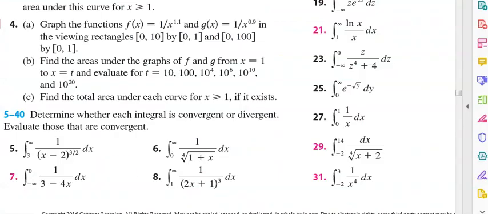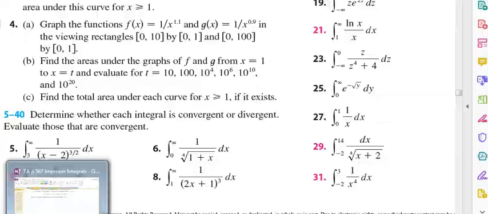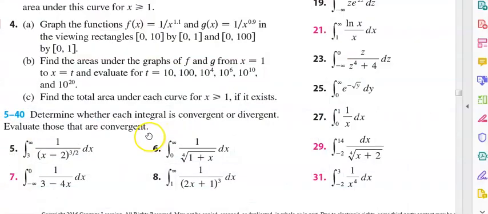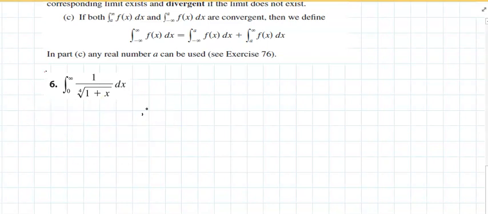And if I look at problem number 6, well, I know this is 1 plus x to the -1/4.